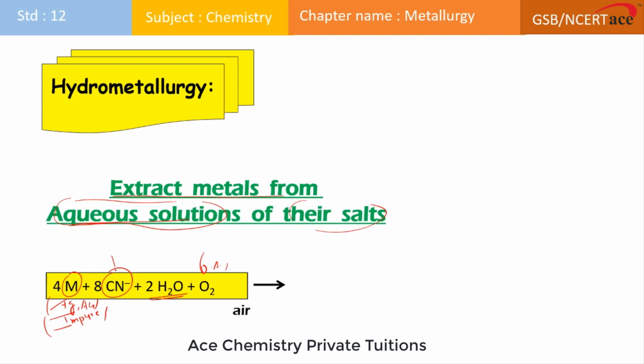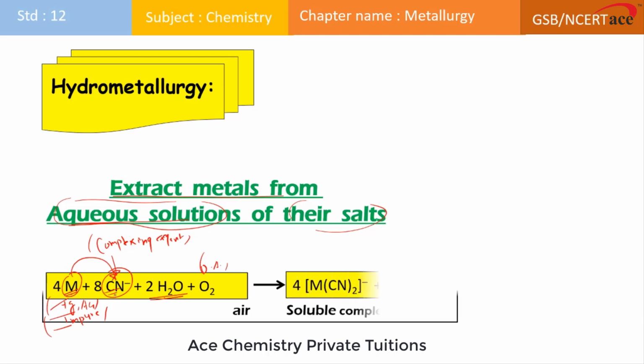Here the CN minus ion actually provides what? Complexing agent. So this CN minus ion reacts with this less reactive metal, and it forms a water soluble complex. This water soluble complex formed between the metal and cyanide is the soluble cyano complex of the metal.